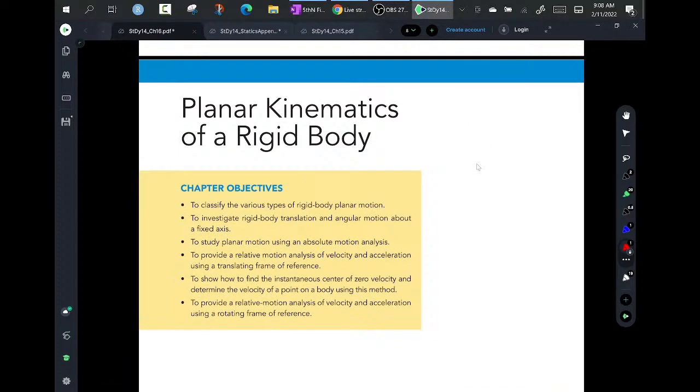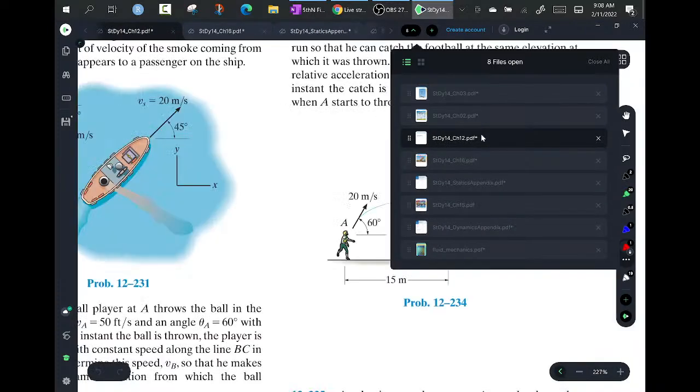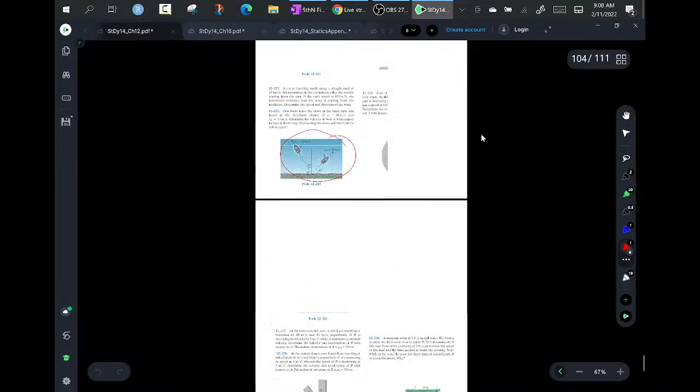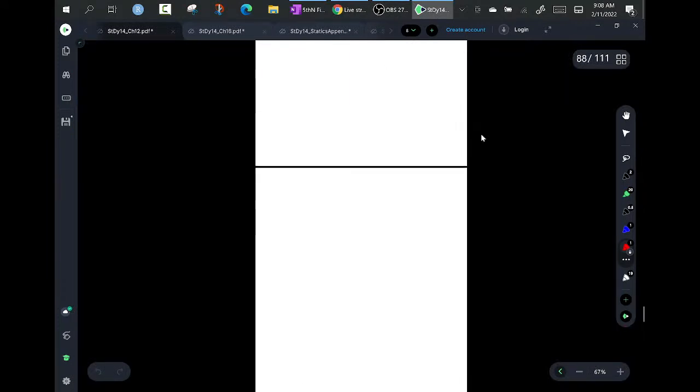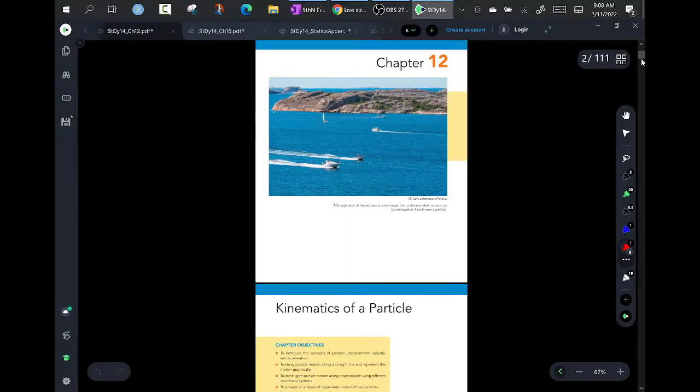Now, the same word is used back here if you look back at chapter 12, I believe, let me see if I can find it. If you look at it, I can just move it to the very beginning like that.